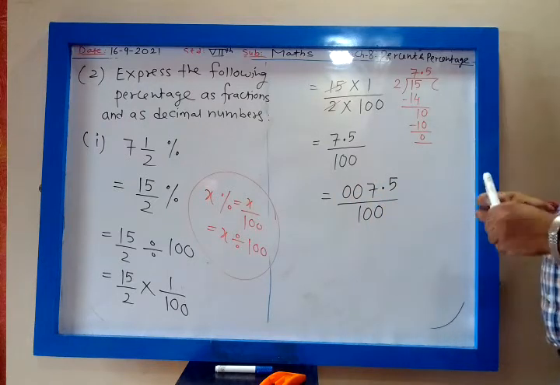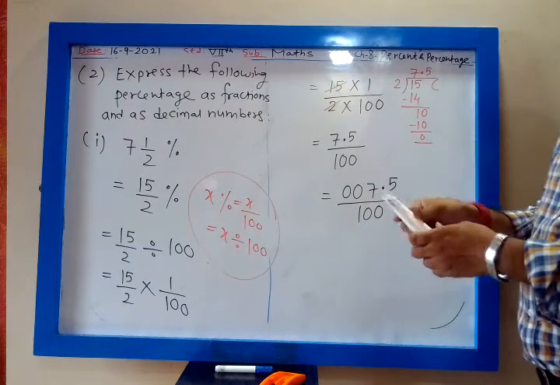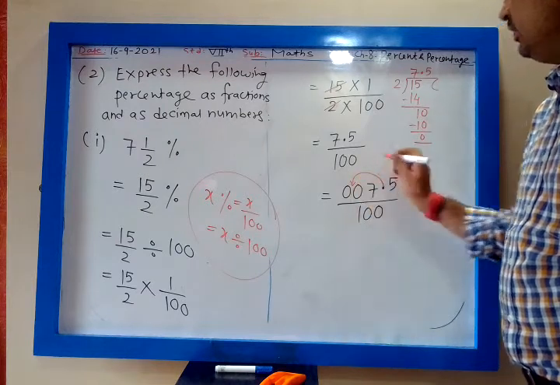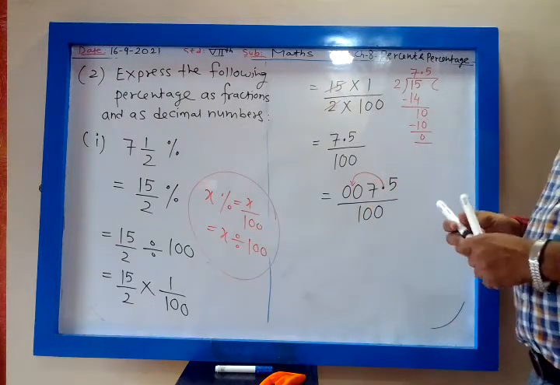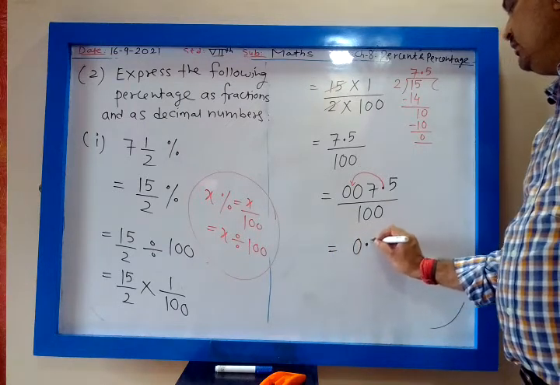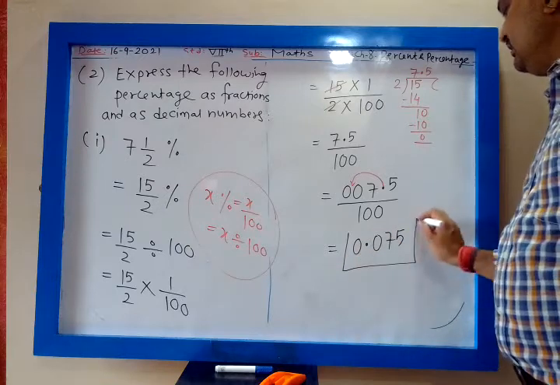Now you shift the decimal. How many zeros are there? 2 zeros. You shift the decimal to the left, 2 digits. So what is the answer? 0.075. And this is the answer. 0.075 is the decimal number.